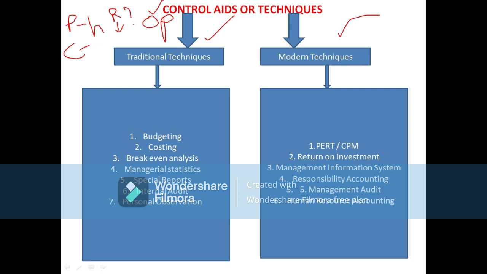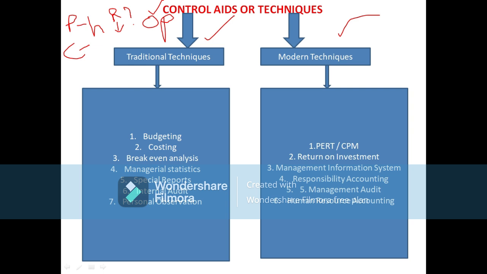So what does budgeting mean? This is the most widely used technique for managerial control. We have both financial control and physical resources control also. Under financial resource control, the budgetary control system plays an important role.